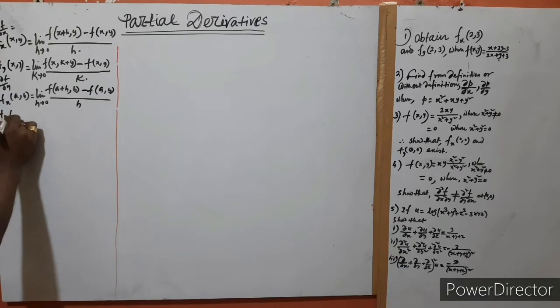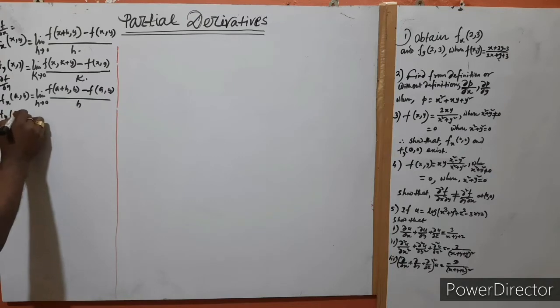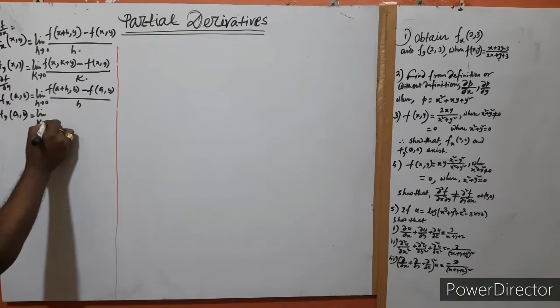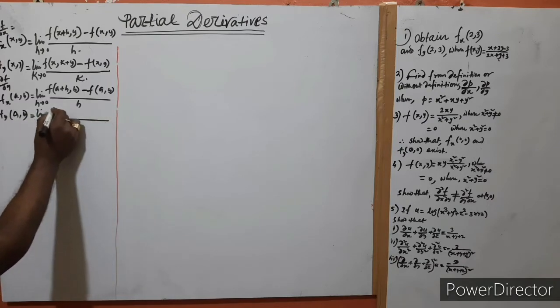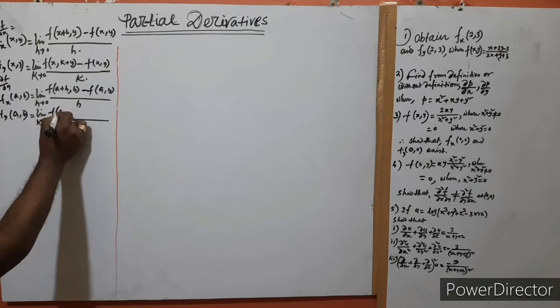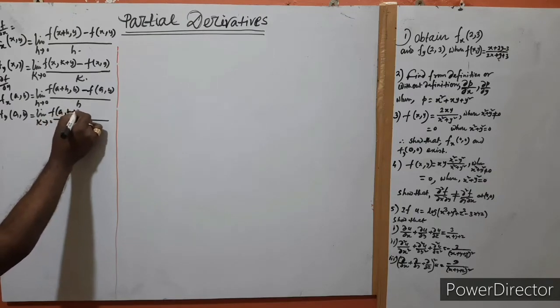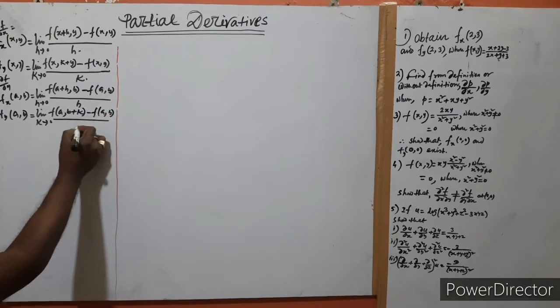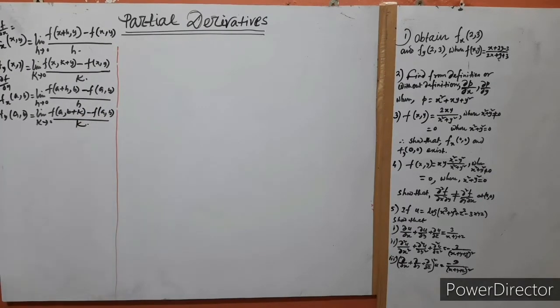And f suffix y, the partial derivative with respect to y at the point a comma b, is limit k tends to 0 of f of a comma b plus k minus f of a comma b, divided by k. So this is the formula for the first order derivative with respect to x and with respect to y.